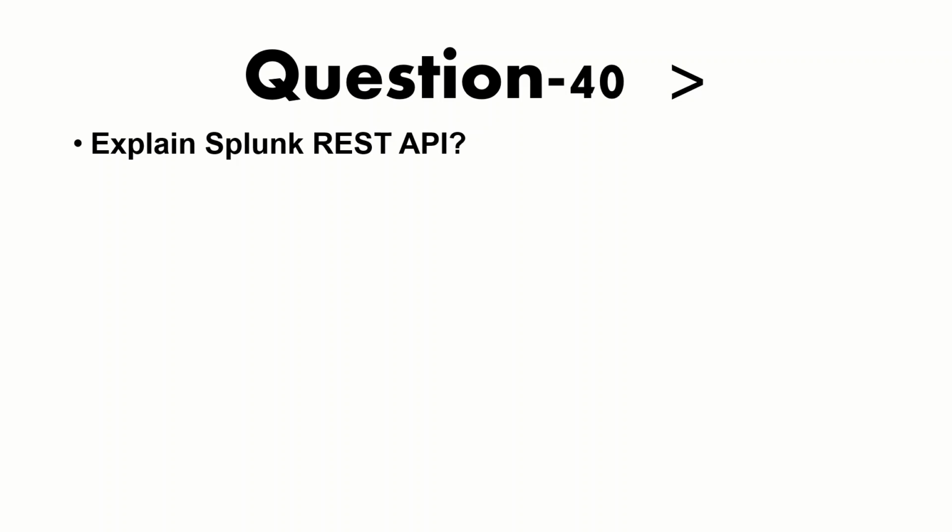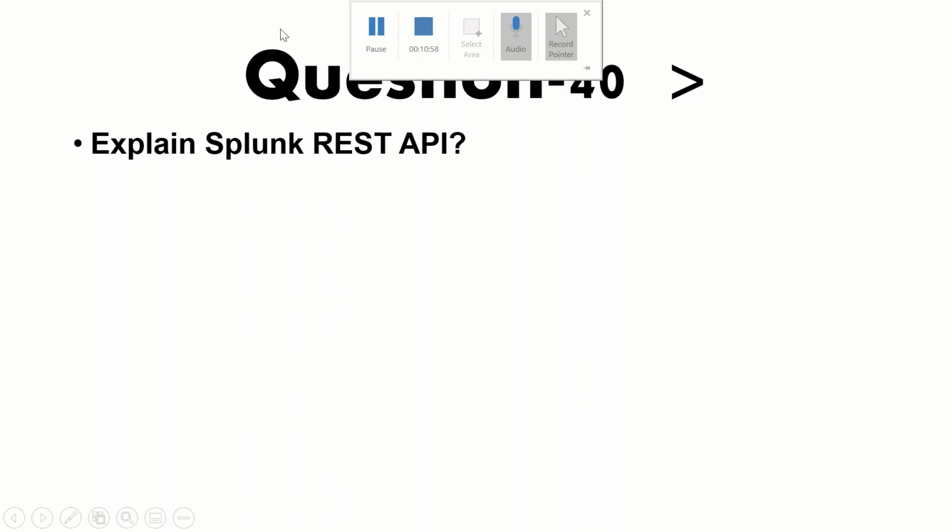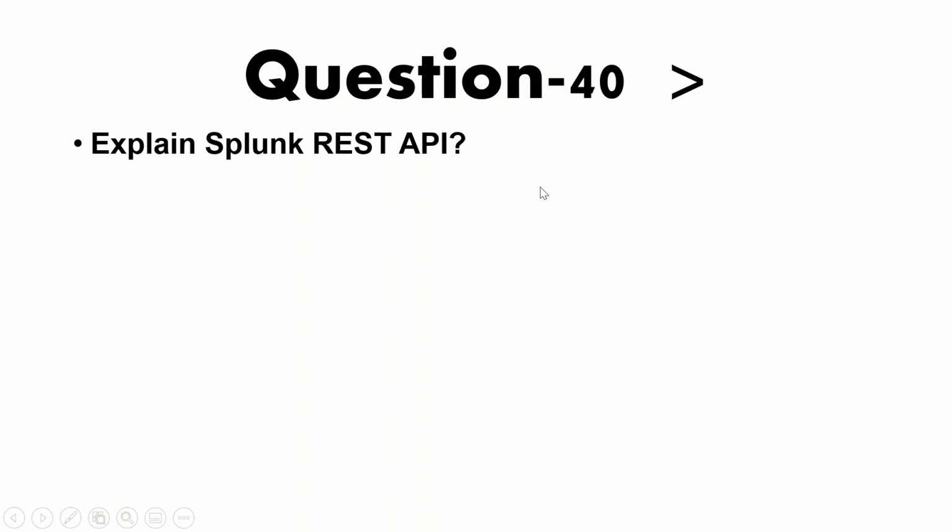The next question is: what is the REST API? The REST API is similar to other APIs, which we use for getting and putting information. There are several functions for the REST API. The REST API offers various ways of accessing every feature available in the product.